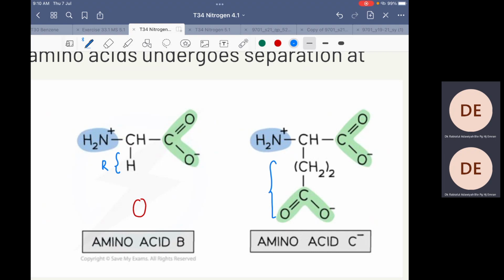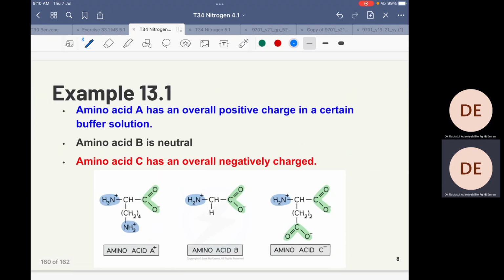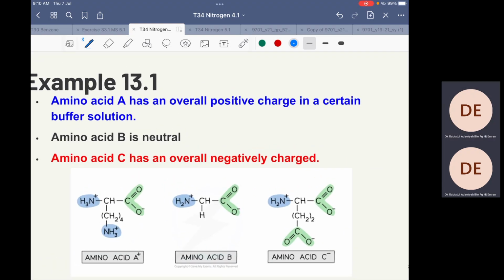It has lost its H plus. So you've got 2 minus plus 1. So the charge is -1. Okay? So you can write that down in the box. Amino acid A has an overall positive charge, +1 in a certain buffer solution. Amino acid B is neutral, and amino acid C has an overall negative charge, so -1.